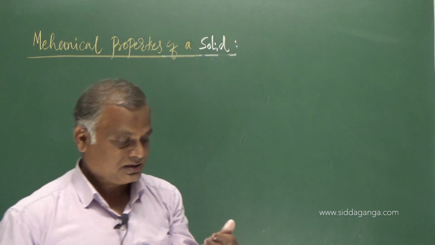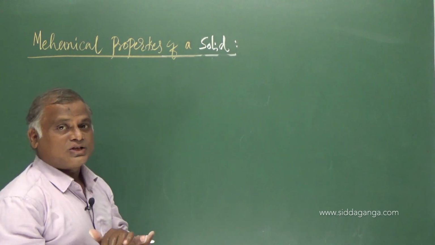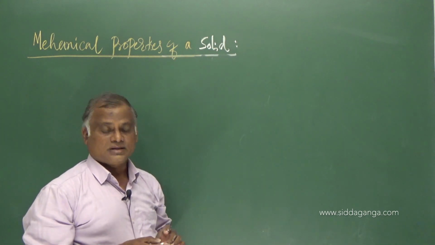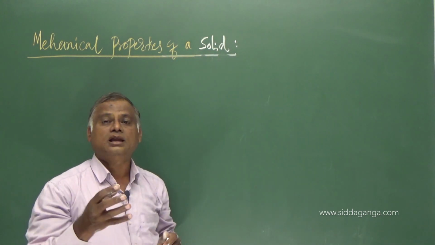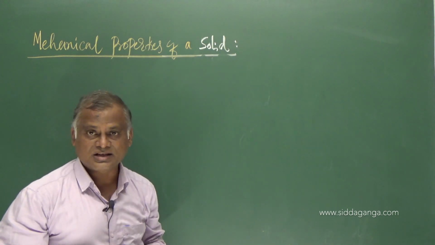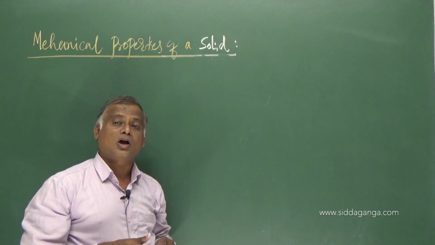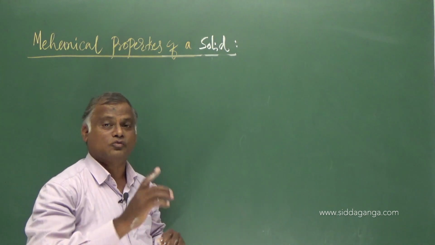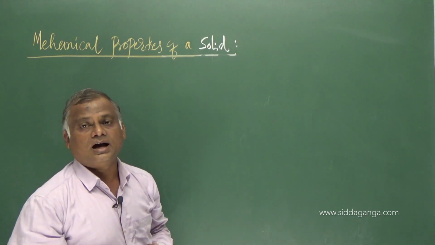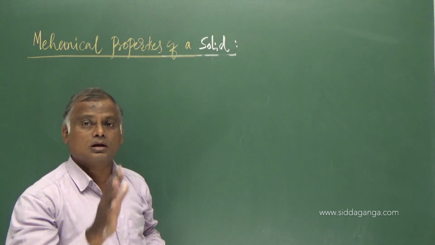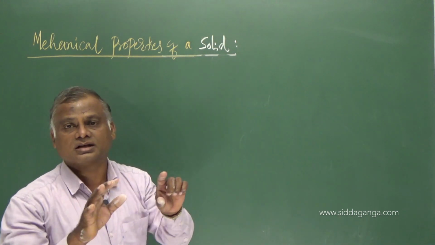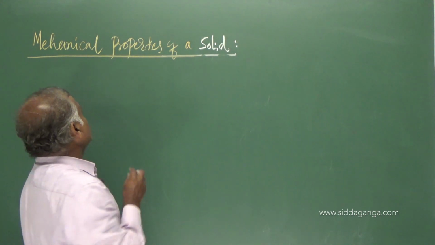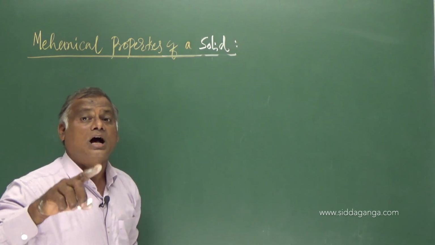As we just discussed, a solid is a state of matter which has well defined, well organized atoms and molecules, which has a definite shape, size and volume. They are incompressible. You cannot compress solids easily. It is very difficult to compress them. So, let us understand what the mechanical properties are.